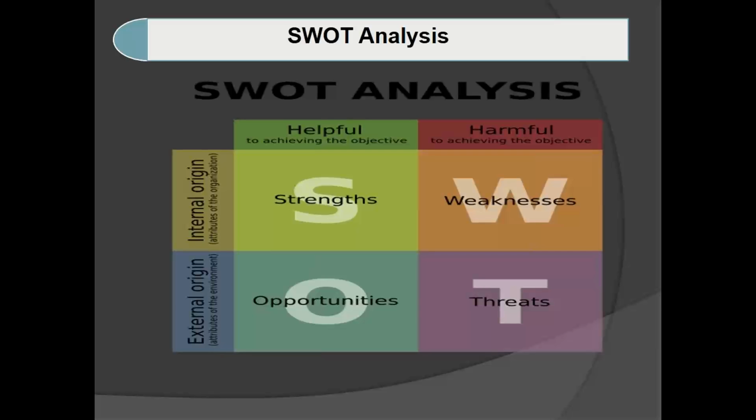Okay. So S stands for strength, W stands for weakness, O stands for opportunities, and T stands for threats. Strength, weakness, opportunities, threats. So when we are going to do SWOT analysis, once the client gives a project to an IT company, the HR team or onboarding team is going to assign this project to the project manager.